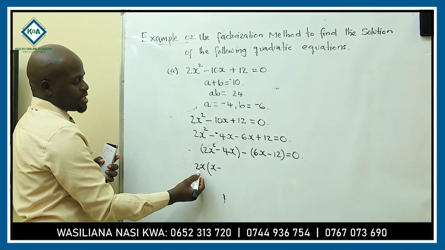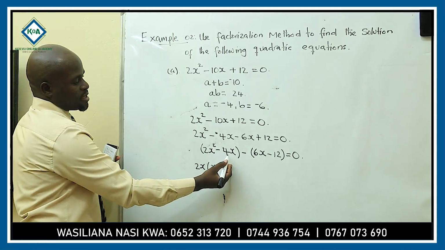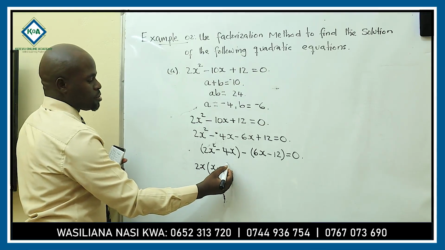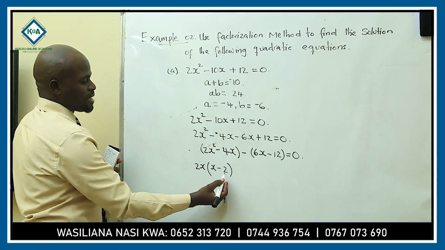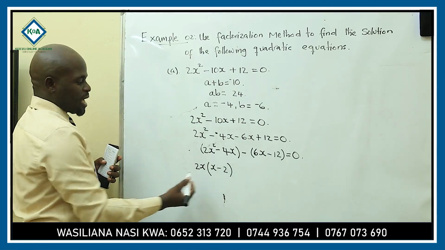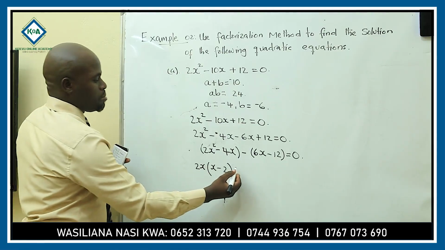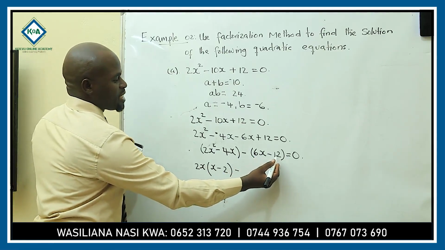Minus 4x, with 2x out, what will remain? 2, because 2x times 2 is 4x, and 2x times x is 2x squared. Then minus, we have 6x minus 12.